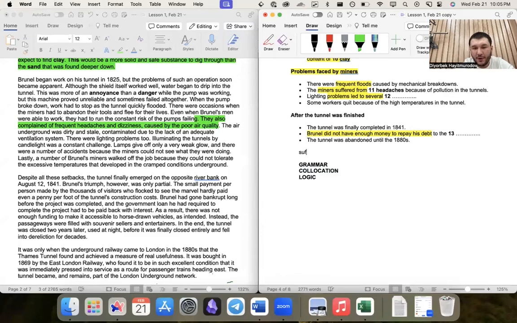Suffer from headaches versus suffer from dizziness. Headaches are more natural, of course. We cannot suffer from dizziness. You can feel dizzy, but you cannot suffer from it. Again, my original point: with all gap filling question types, grammar is important, collocation is important, and logic is important.